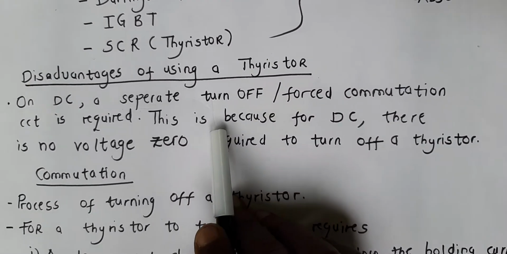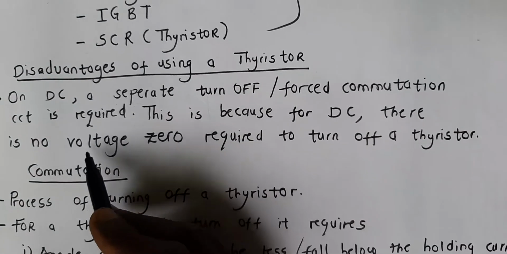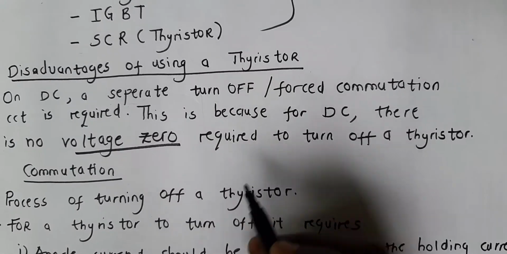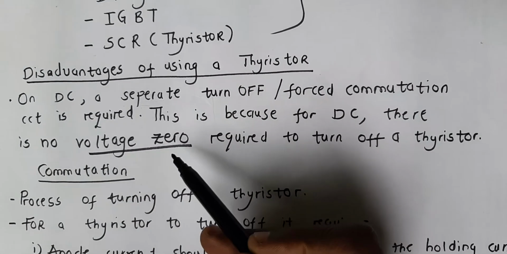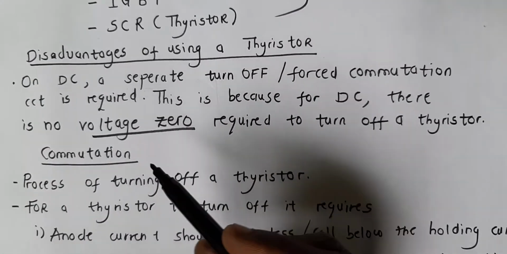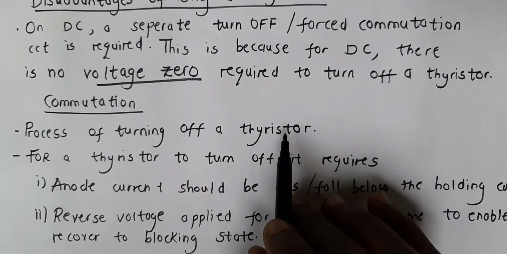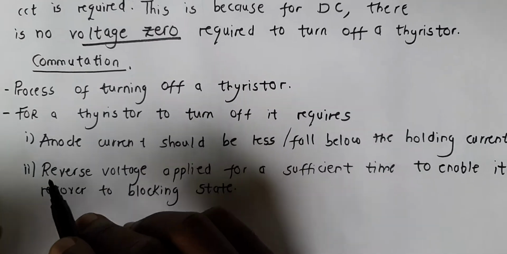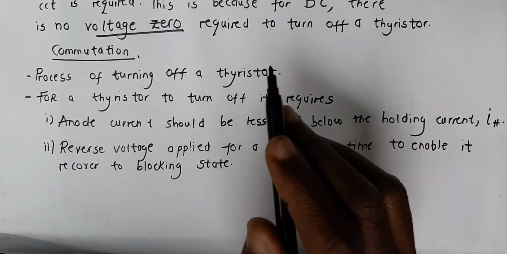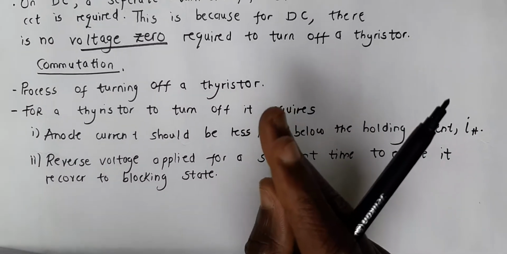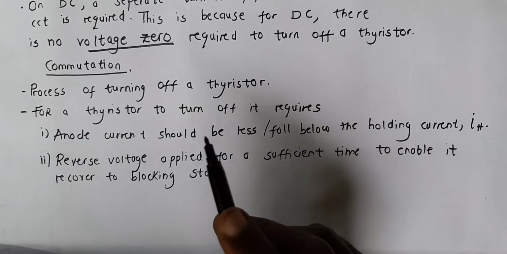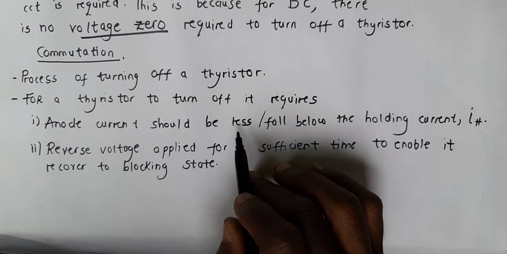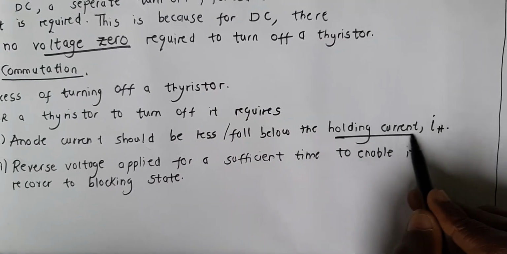This is because for DC, there's no voltage zero required to turn off the thyristor. When you come to the process of turning off a thyristor, which is known as commutation, we need to satisfy two requirements. The first requirement is that the anode current should fall below the holding current.